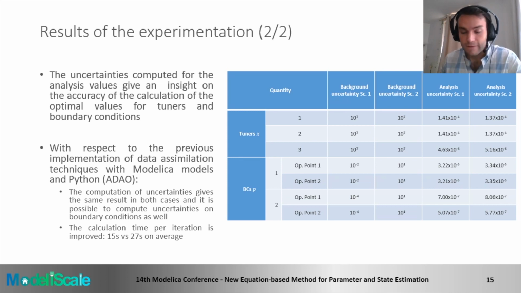Now we have better computation times since we use analytical expressions for the Jacobian, and in addition we are able to compute the uncertainties on the operating point and on the boundary condition, which was not possible before.